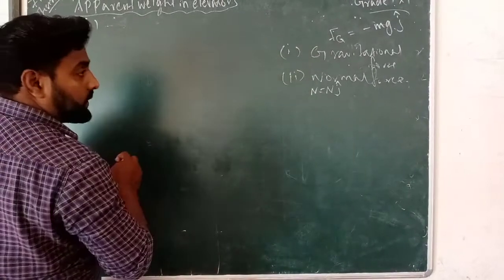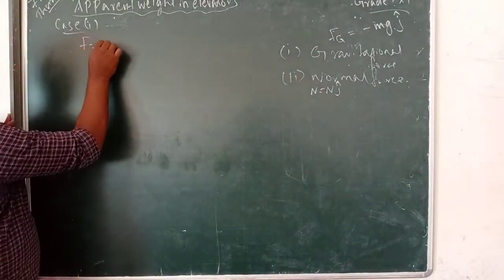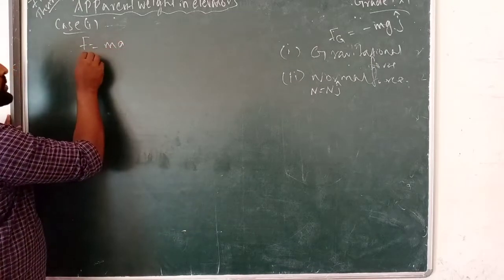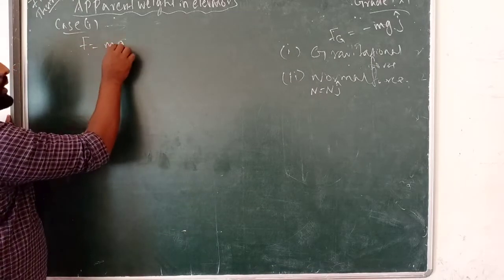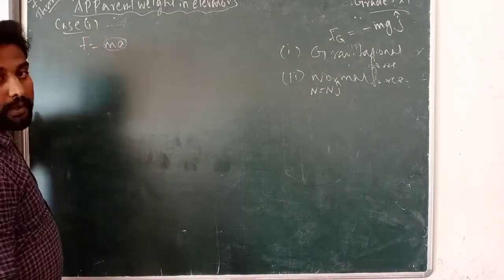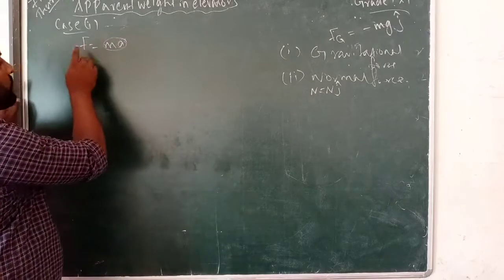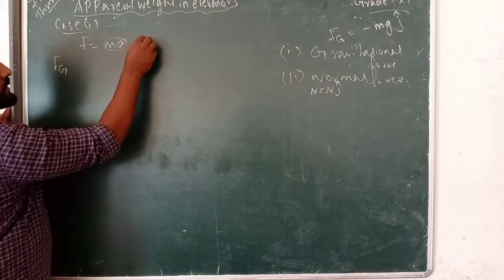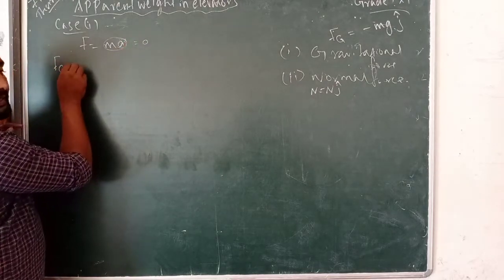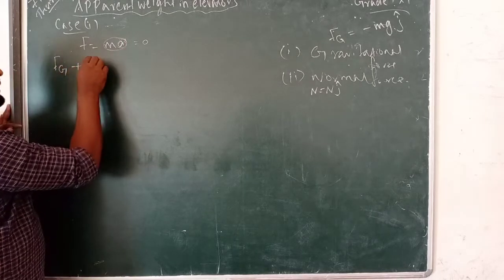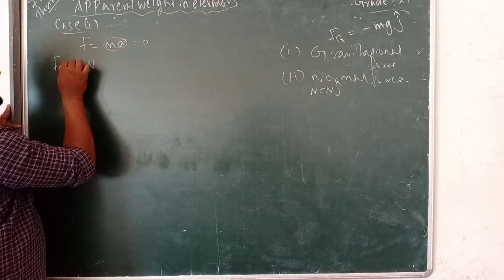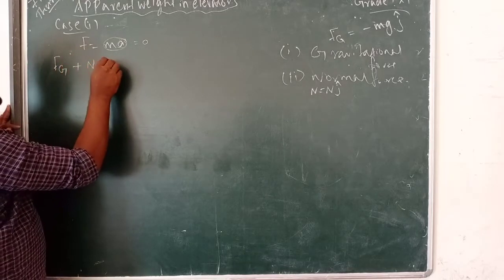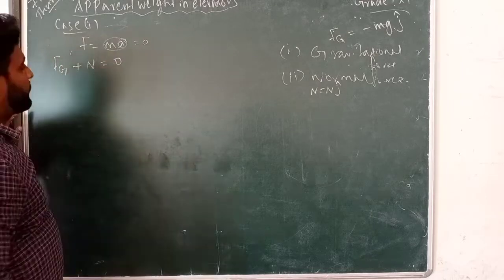So when we apply Newton's second law, F is equal to ma, this a is 0, so this term will become 0. What are the total forces acting? Fg plus the normal force is equal to 0.